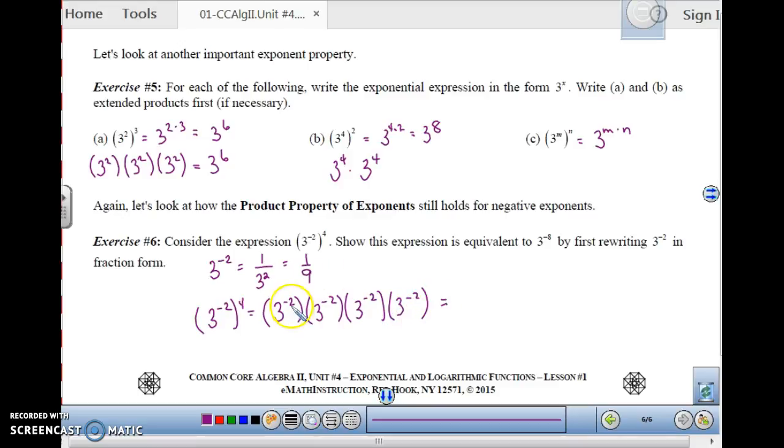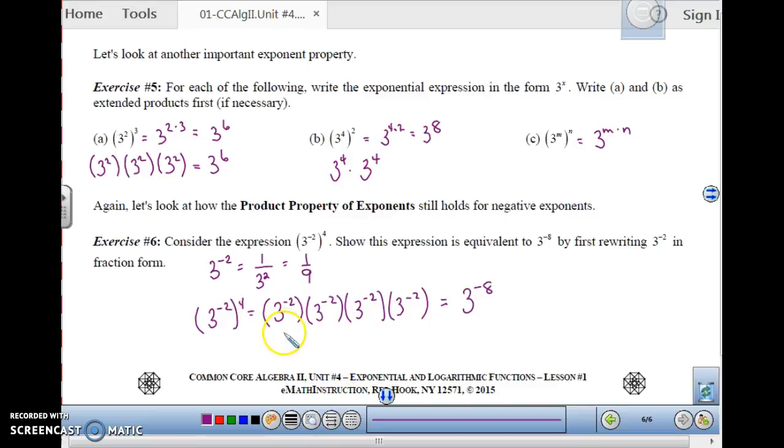We have negative 2 plus negative 2 plus negative 2 plus negative 2, which is 3 to the negative 8th. So instead of having to write this out, if we know this rule, negative 2 times 4 would be 3 to the negative 8th. So to save yourself having to write this out and add them together, just say 3 to the negative 2 raised to the 4th would be 3 to the negative 8th. So it works.